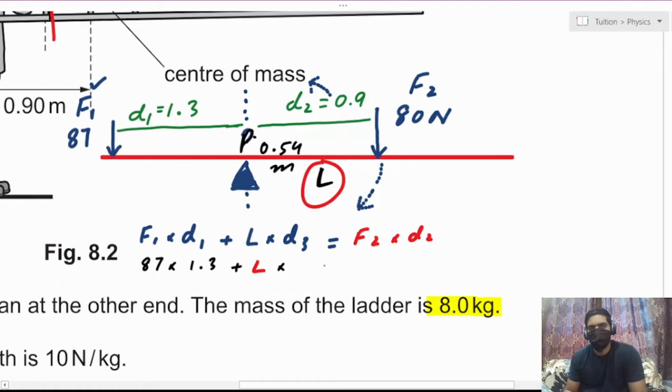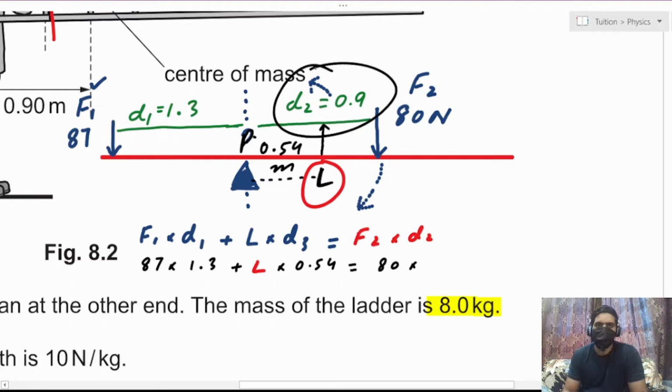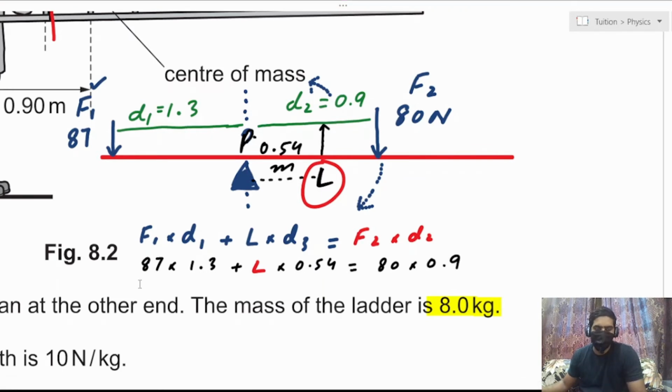The distance of that force L from the pivot was 0.54. We write it over here, equals F2. F2 was 80 times the distance of that force from the pivot, which is 0.9. So this is what you have from here. Let's bring it down there, and I'll just hit it on the calculator.